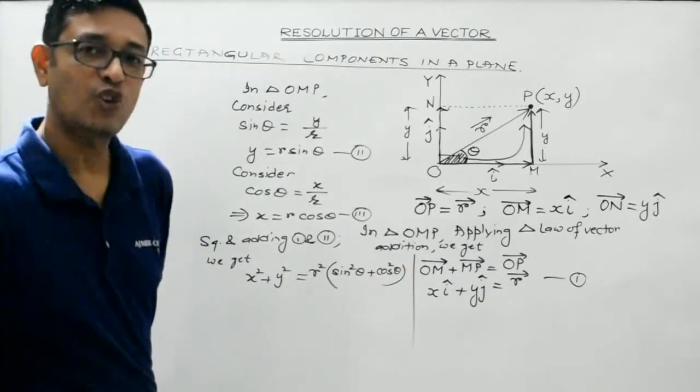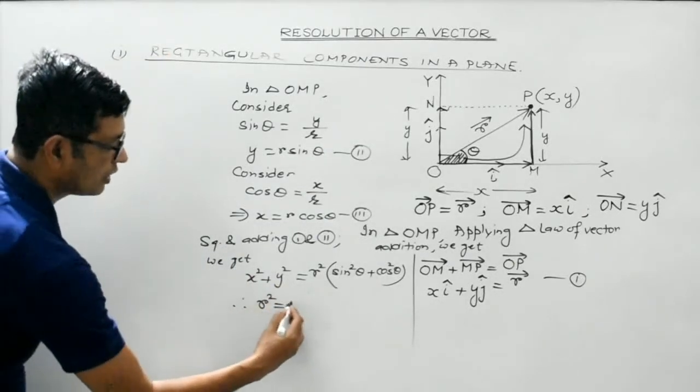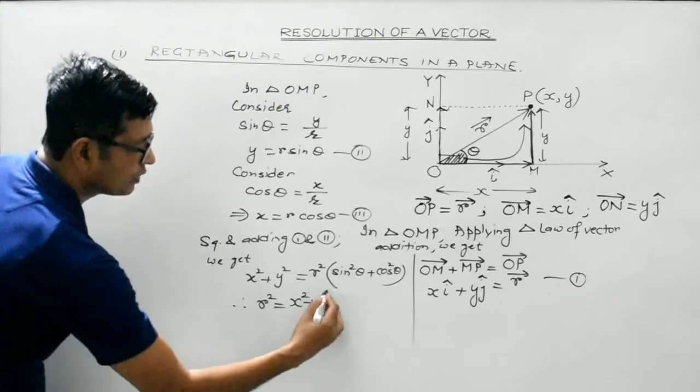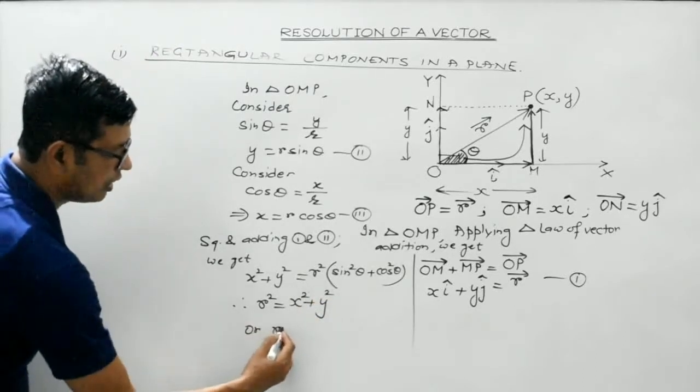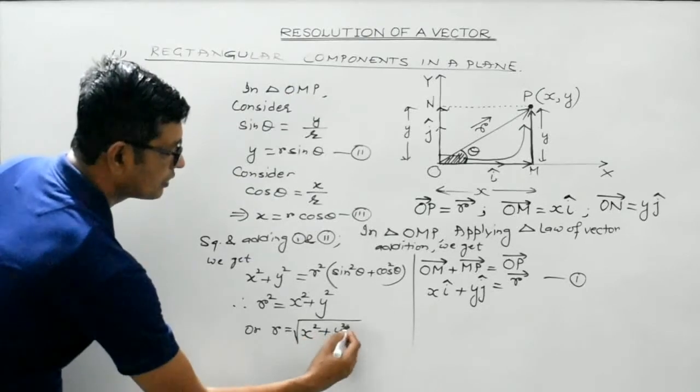Sine square theta plus cos square theta is equal to 1, therefore r square is equal to x square plus y square, or r would be equal to square root of x square plus y square.